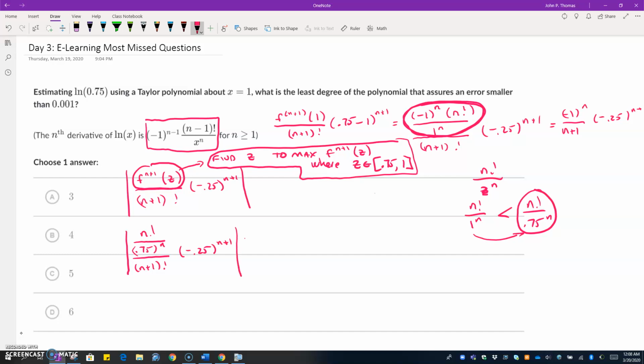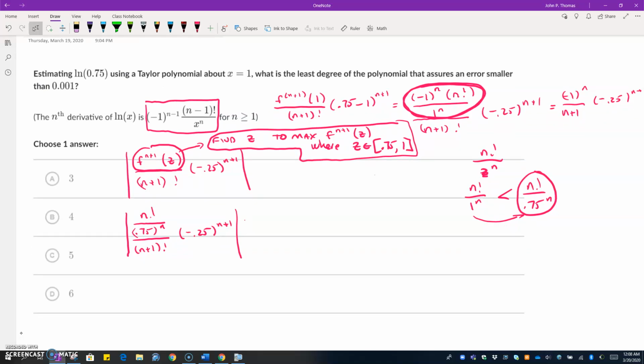Now, you realistically could have left off that negative if you wanted to, because the absolute value is going to clear it out anyway. So if I start pushing this together, I know that n factorial and the n plus 1 factorial on the bottom is going to reduce. I can put the 0.25 up in the top. So I have 0.25 to the n plus 1 over 0.75 to the n times n plus 1.